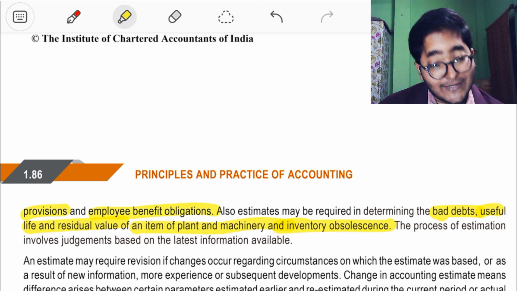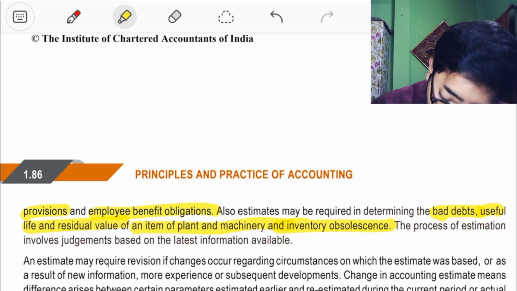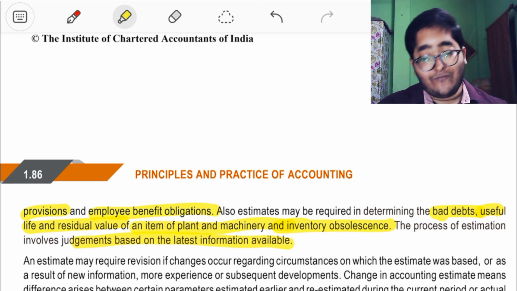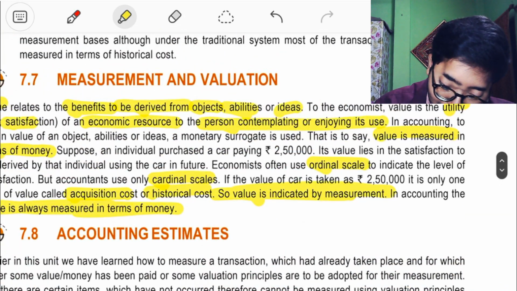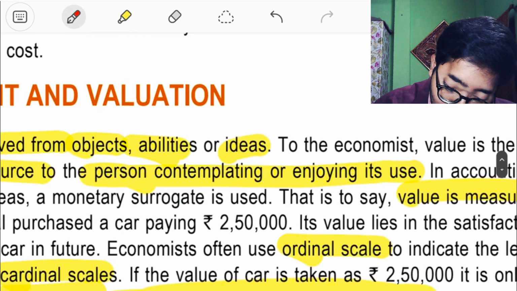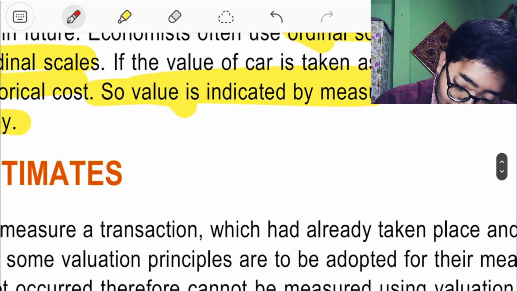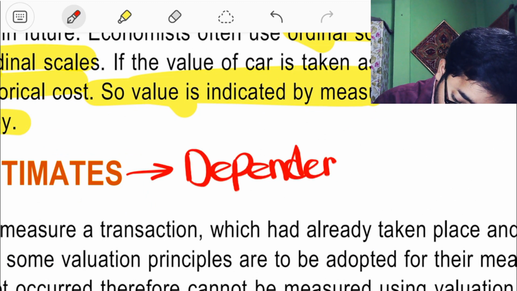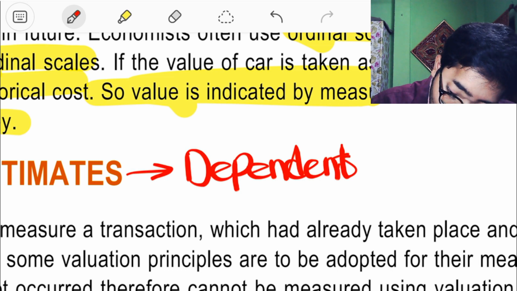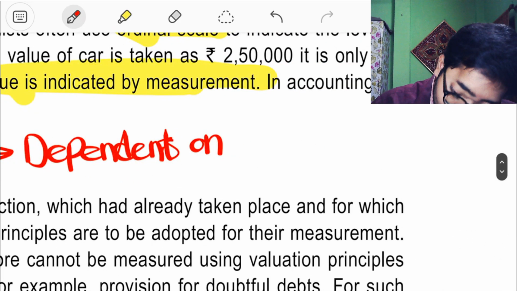This process of estimation involves judgment based on latest information available. What is an accounting estimate? It is dependent on judgment.